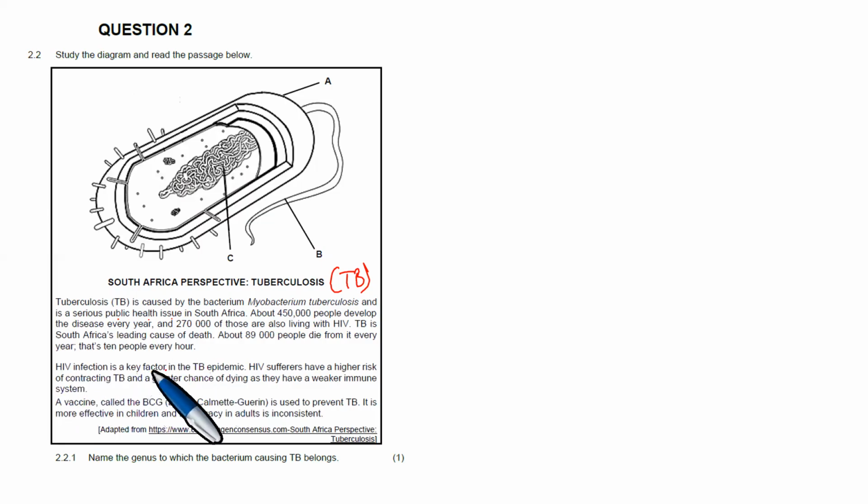HIV infection is a key factor in the TB epidemic. HIV sufferers have a higher risk of contracting TB and a greater chance of dying, as they have a weaker immune system.